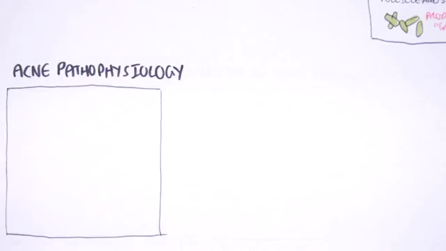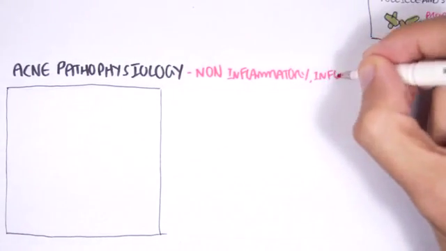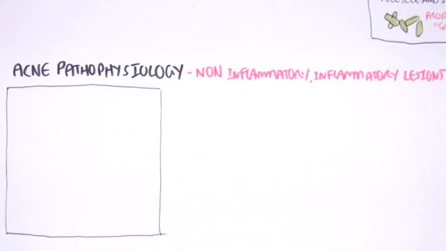Acne can be non-inflammatory or can become inflammatory lesions, depending on what stage the acne is at. In the initial phase, when a pimple is forming, it is non-inflammatory, but when a pimple pops, it can create a small inflammatory reaction.